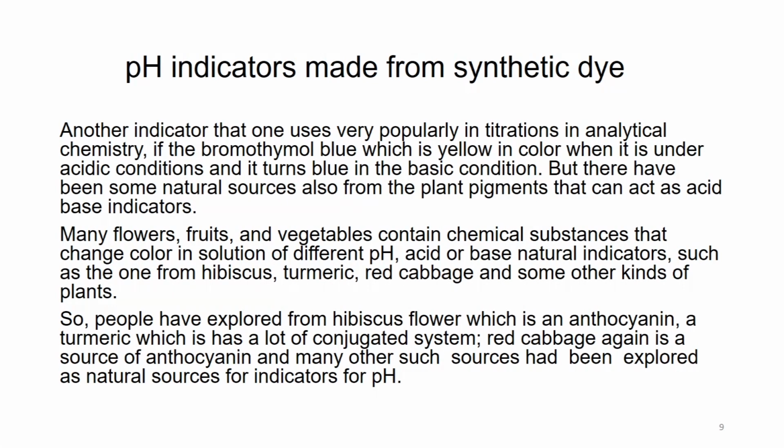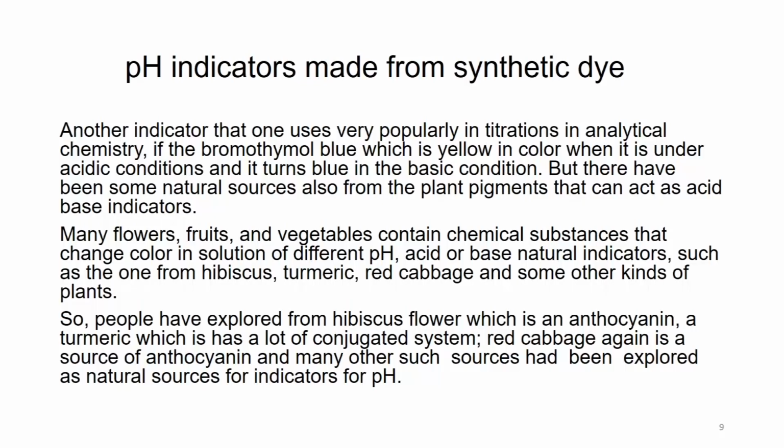But there have been some natural sources also from plant pigments that can act as acid base indicators. So, apart from synthetic dyes, natural dyes and natural pigments also can act as acid base indicators. Whether we call them pH indicator or acid base indicator, it is one and the same.